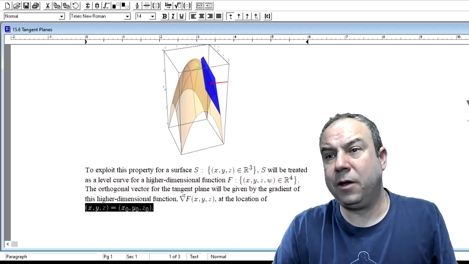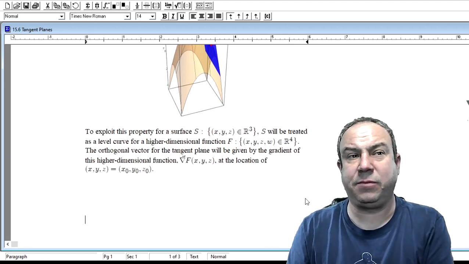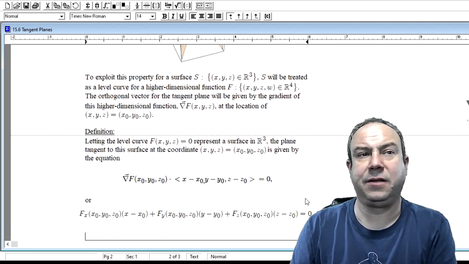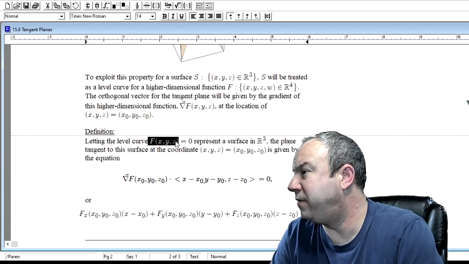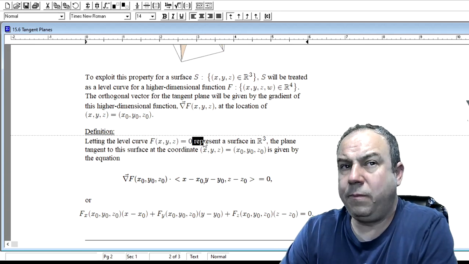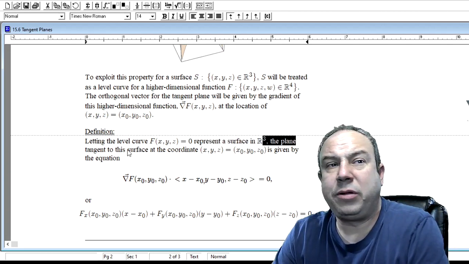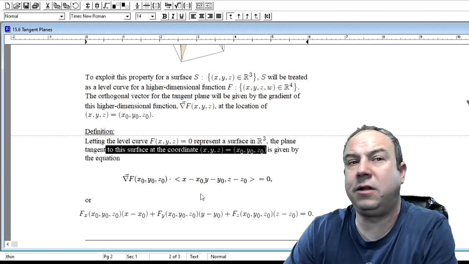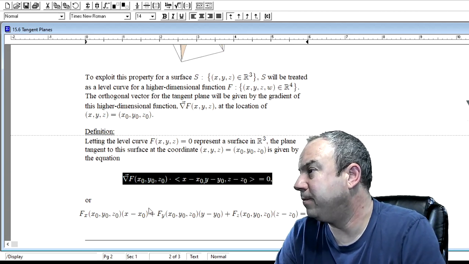This is formalized in the definition below. Letting the level curve defined by this 4-dimensional function, big F at x, y, z equal to 0, represent a surface in 3 dimensions, the plane tangent to the surface at the coordinate x null, y null, z null is going to be given by this equation here.